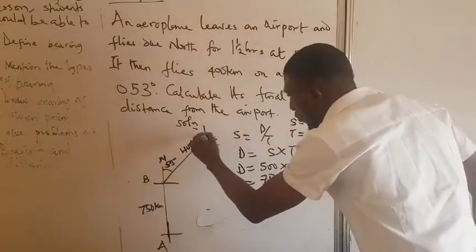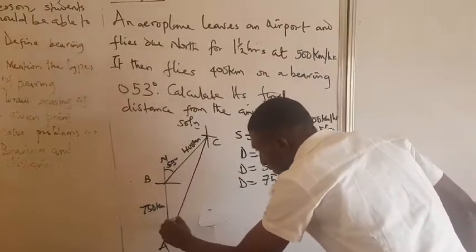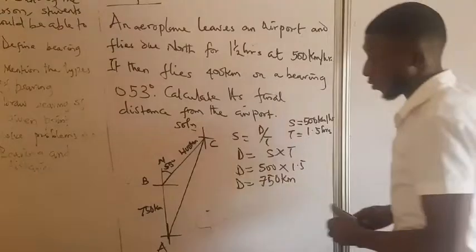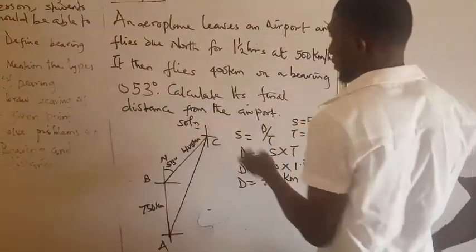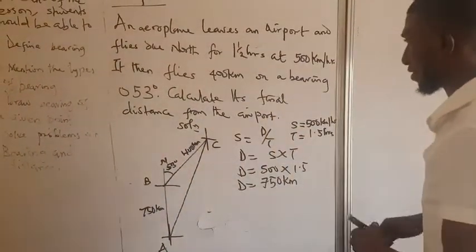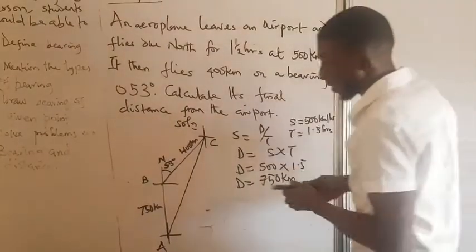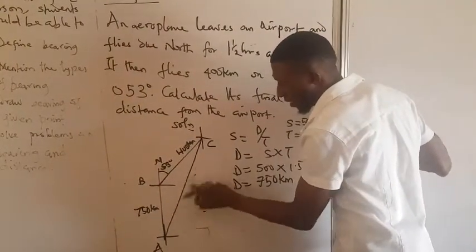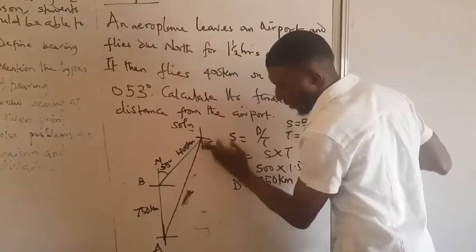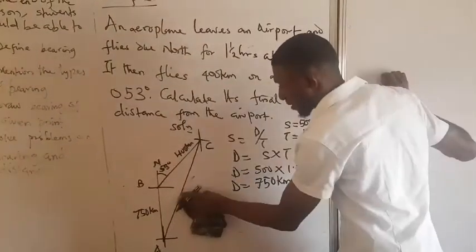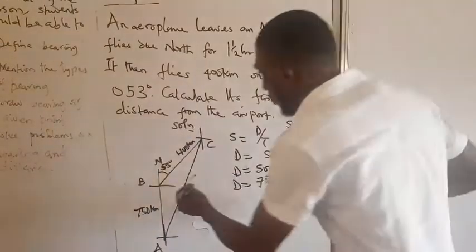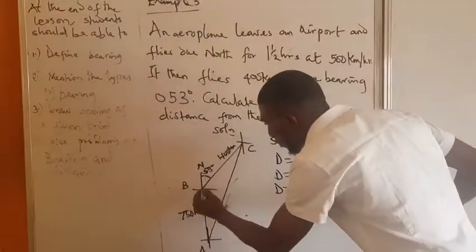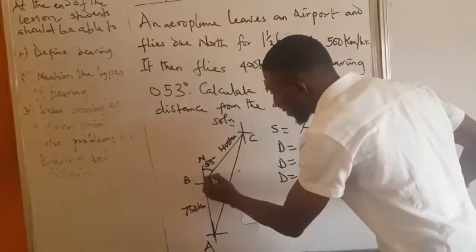We are asked for the distance covered by the aeroplane from the airport to the final position, therefore we are talking about AC. Here we have 53 degrees. Remember that from this place to this place is 90 degrees.